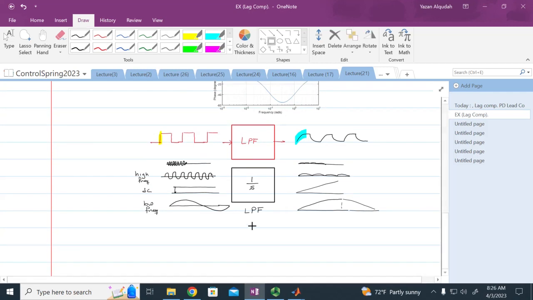Now just to cover the other case, what happens if I have a derivative? What does a derivative act like? If I apply a constant signal to it, what is the output going to equal? 0.